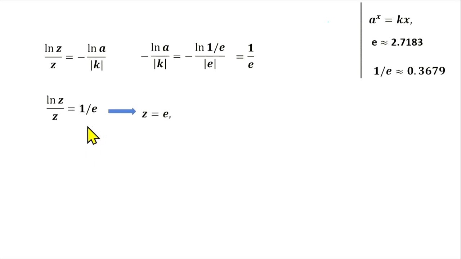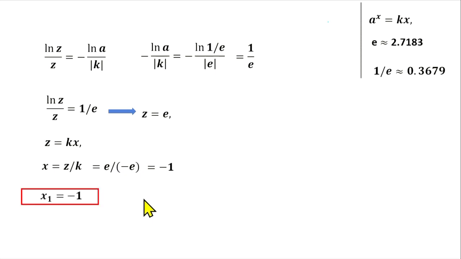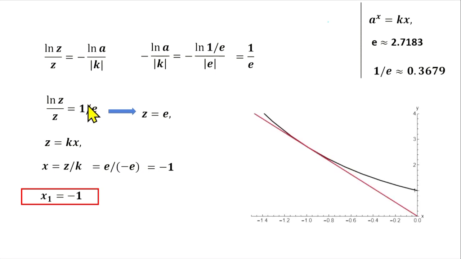And we can find that z equals e. z is k times x from the definition, and x equals z over k, so x equals negative 1. This is the single root of our equation. And now we know the location of our point. It is here.